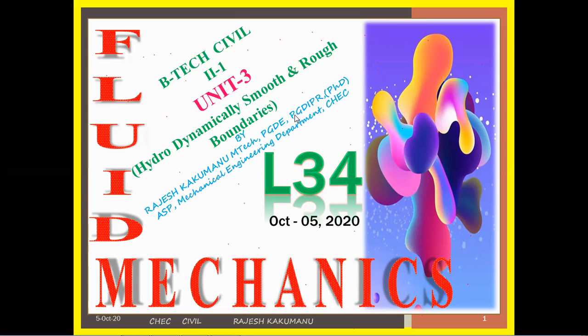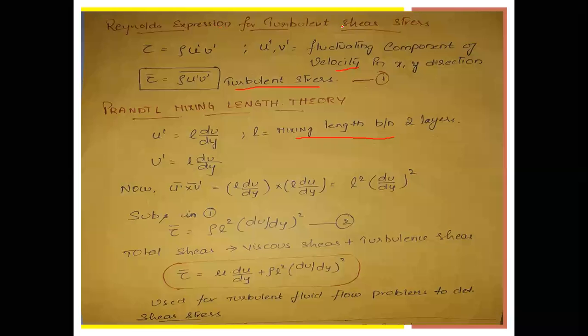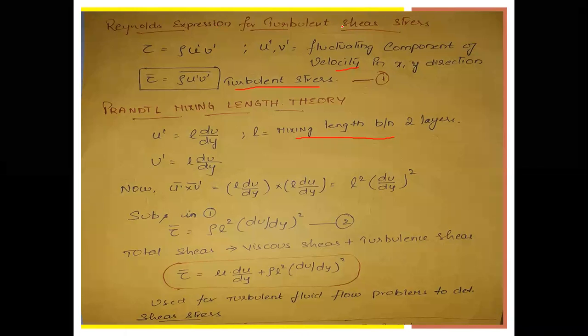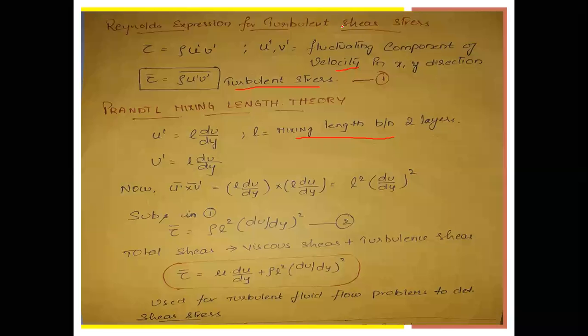Here we are discussing the Reynolds expression for turbulent shear stress. Generally tau is equal to rho into u dash v dash in the x and y directions of the velocity components. So tau bar is equal to rho into u dash bar v dash bar.